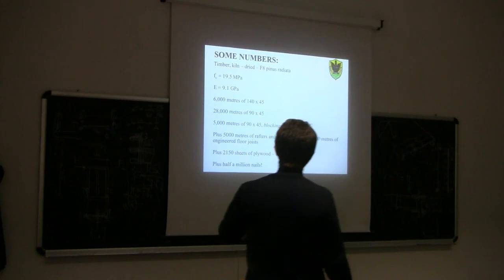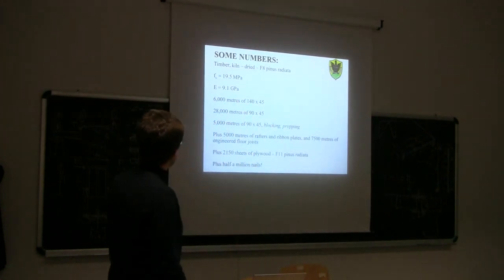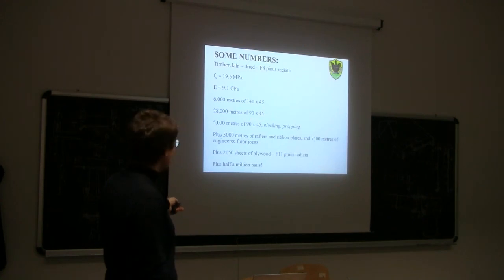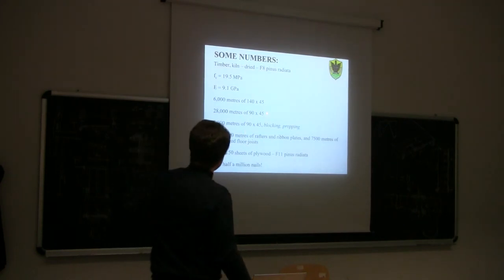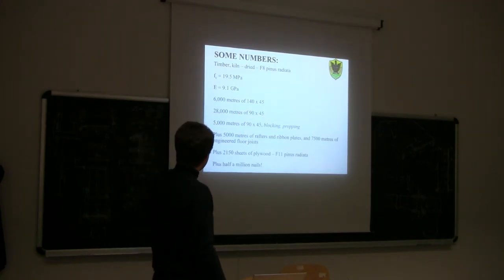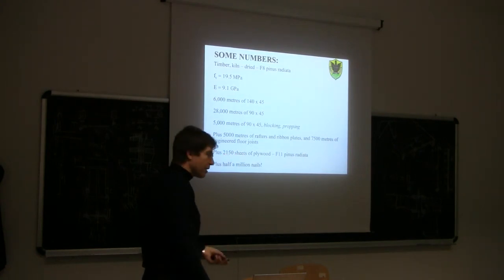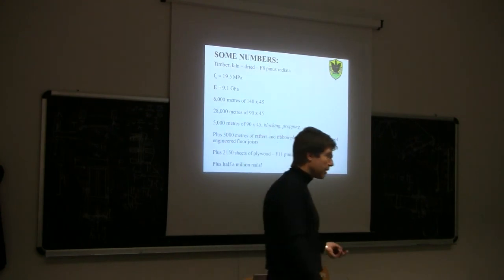The size you see is 90 by 45, what we call a 2 by 4. So, sorry, it will be a 4 by 2. So this is in inches. It will be 2 by 4. That was used for basically everything. And they used 2,000 sheets of plywood and 500,000 nails in the end to build this building.